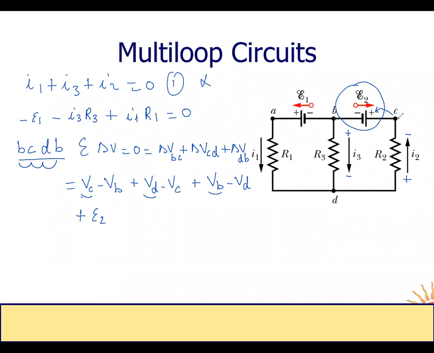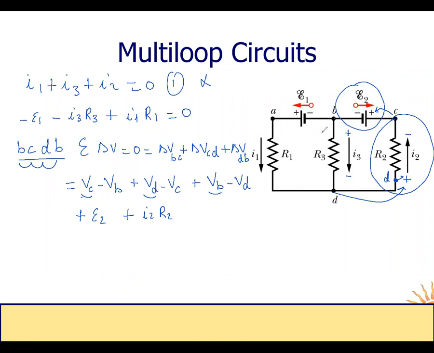Then VCD: D is at the positive side, because here we have D and here we have D, so we have plus. The voltage of the resistance here equals I2 R2.